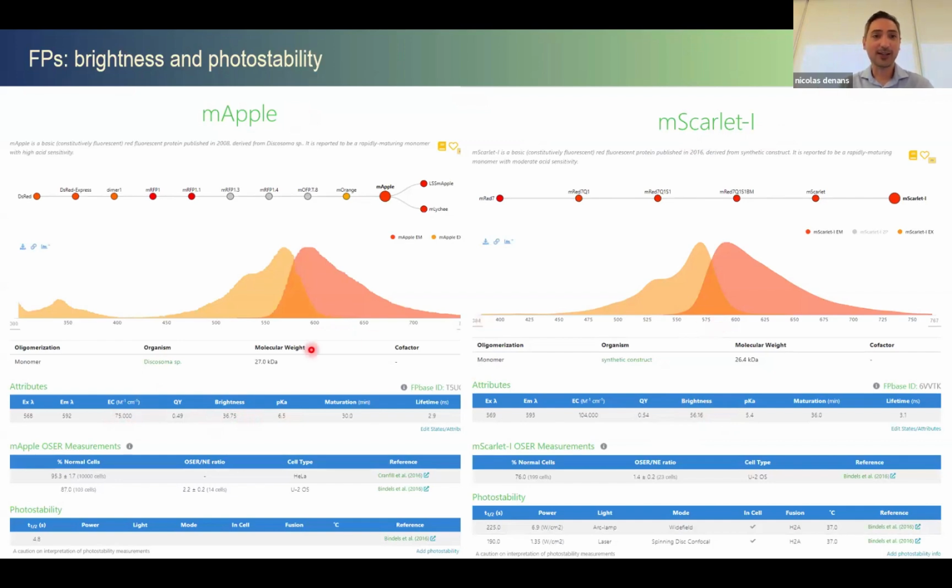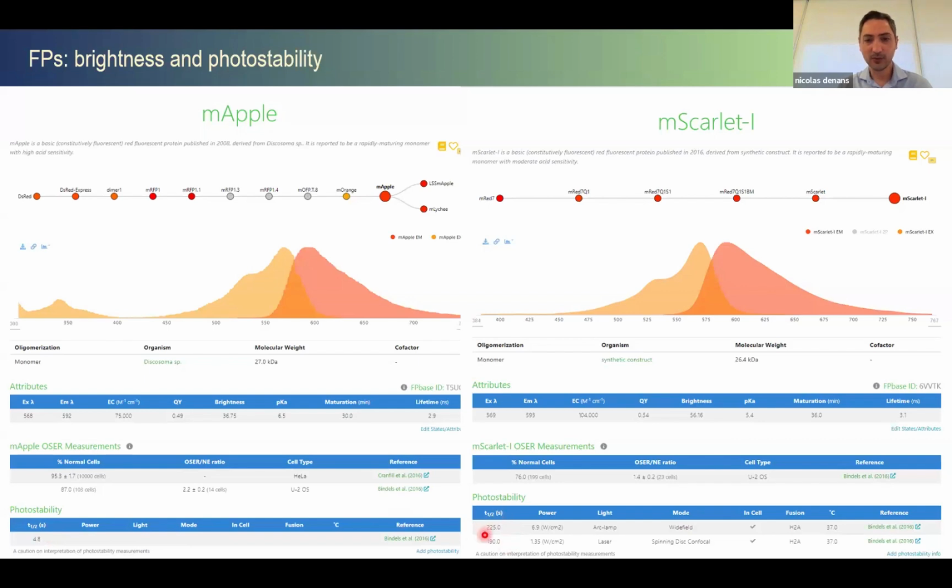What we also know is mApple is a lot more photostable than mScarlet. mScarlet bleaches extremely fast. But when we look at photostability, which doesn't tell us how it has been calculated or measured, we see a half-time of photostability of 4.8 seconds, which is very short.